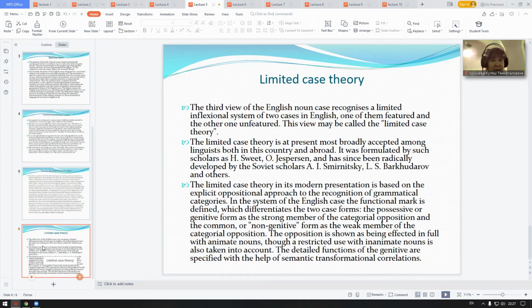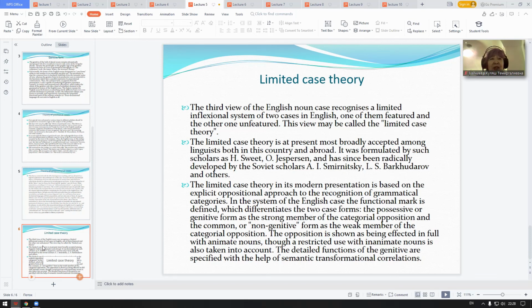In the system of the English case, the functional mark is defined which differentiates the two case forms, the possessive or genitive form as the strong member of the categorical opposition and the common, or non-genitive form as the weak member of the categorical opposition.